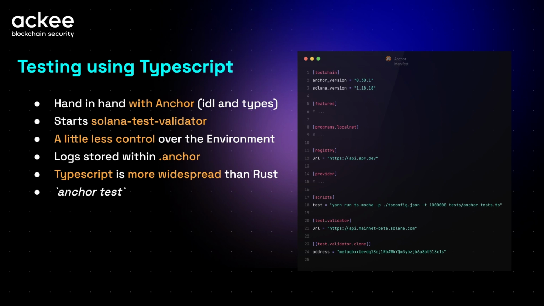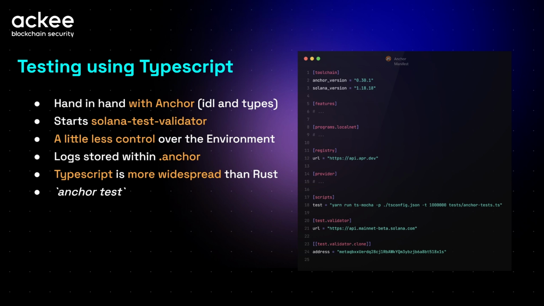You can specify parameters such as Genesis programs and Genesis accounts that are going to be included there. But when the validator is started, you do not have the option to set system variables or set accounts, for example, but on the other hand, you have this option using the program test and the Rust programming language. So yeah, a little less control over the environment.